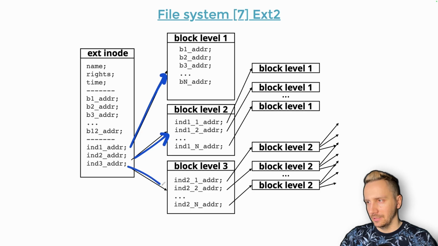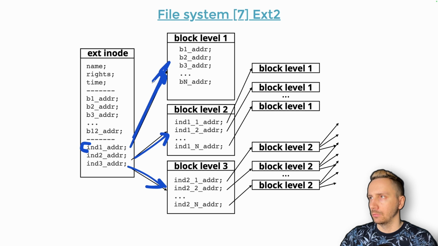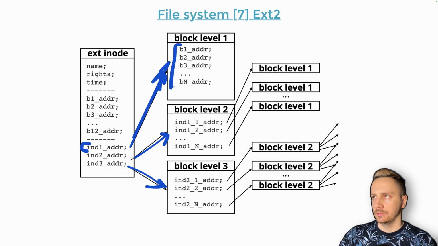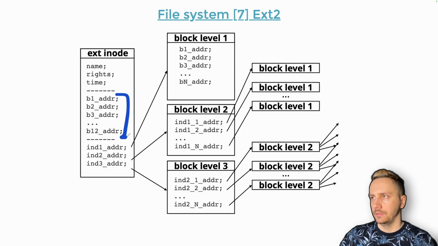So it's like levels of indirection. The first one points at a block where we have multiple addresses pointing at the next blocks with data. So those 12 addresses get continued here. This is the first block, second, third, 12, this is 13, 14, 15, and so on.